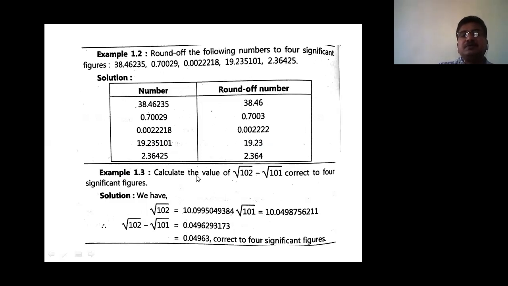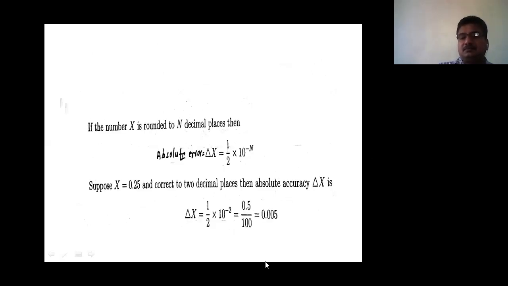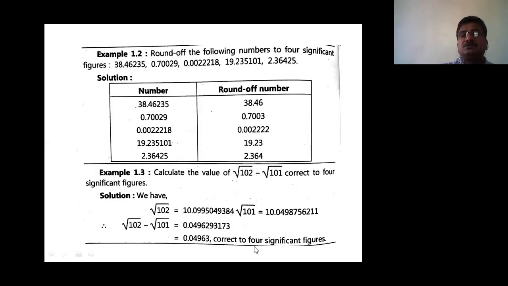Okay. So the next problem is to calculate the value of root 102 minus root 101 correct to 4 significant figures. By calculator, the value of root 102 is this, and the value of root 101 is this.